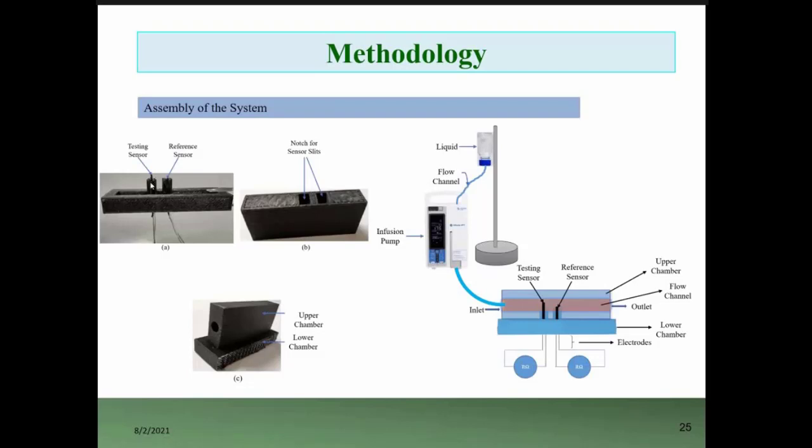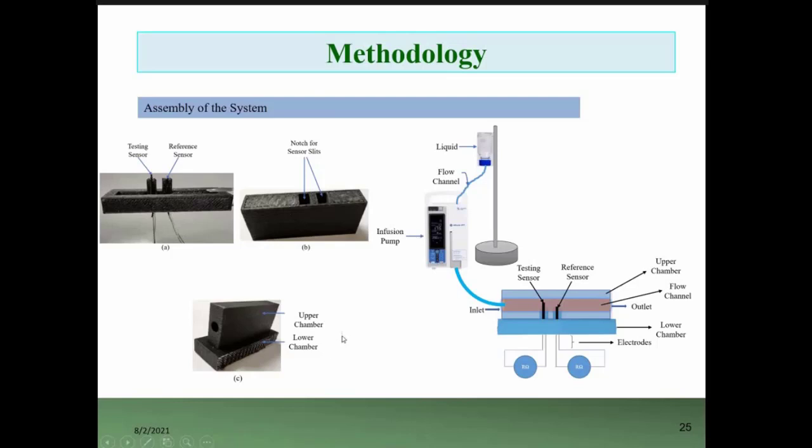But here you can see the testing sensor is exposed to the open channel. When the fluid flows through the channel, due to the flow rate, there will be a force on this film, and it will get bent. Due to the bending, the gap between the electrodes will change, and depending on that, there will be a change in resistance. And we can characterize our system using these characteristics.